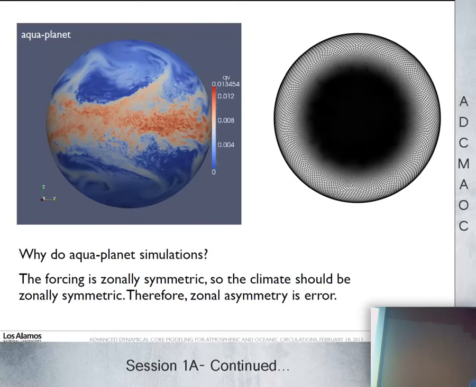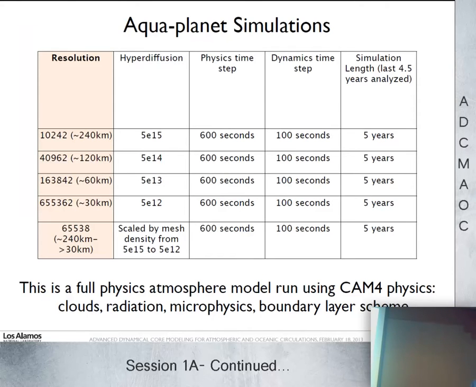This is the mesh, so here's our high resolution region. This is 60 degrees by 60 degrees. Okay? So then what we can do is compare this simulation to its 240 and to its 30 to see how this simulation does compared to its quasi-uniform counterparts.